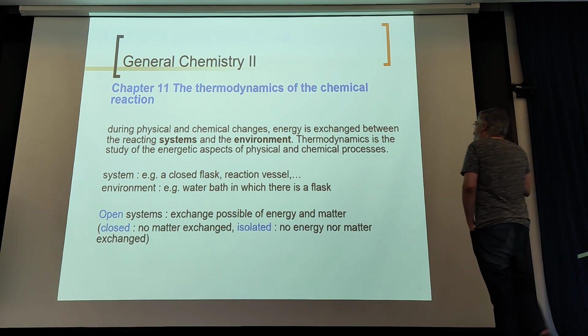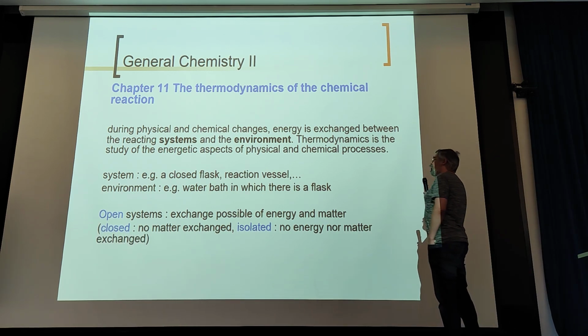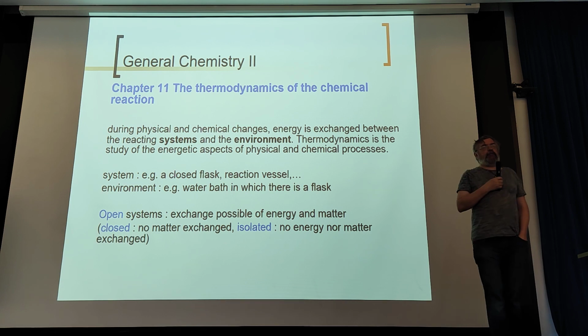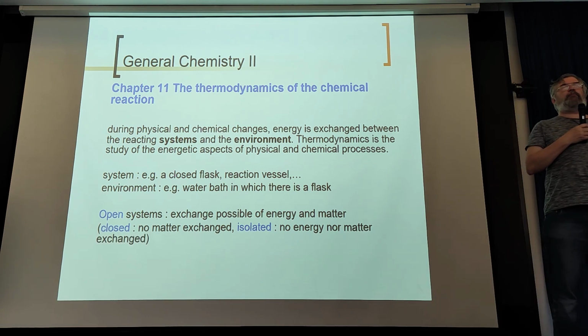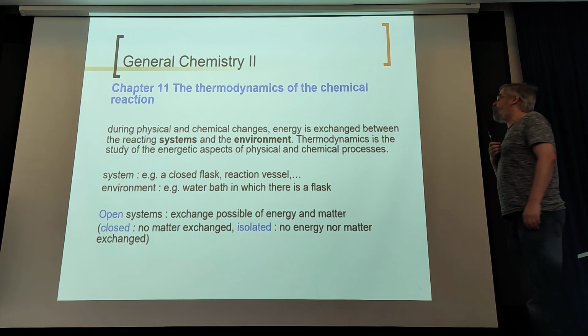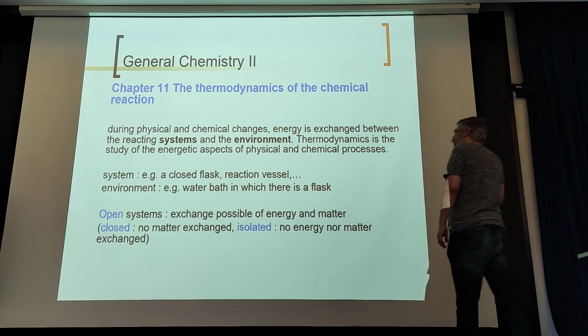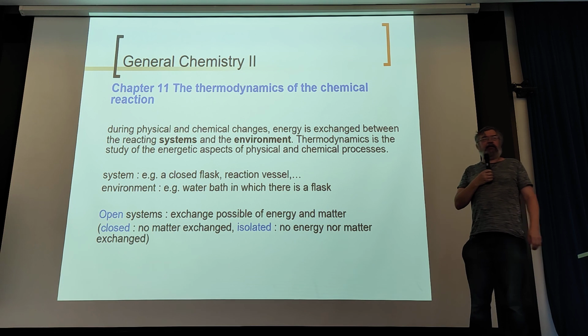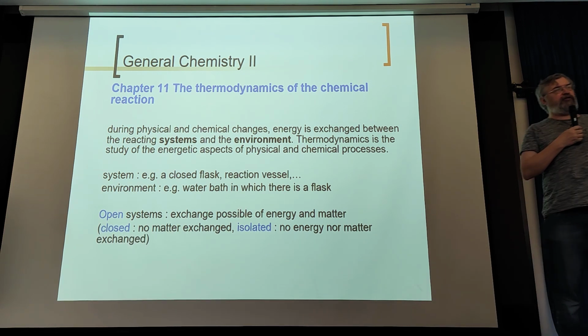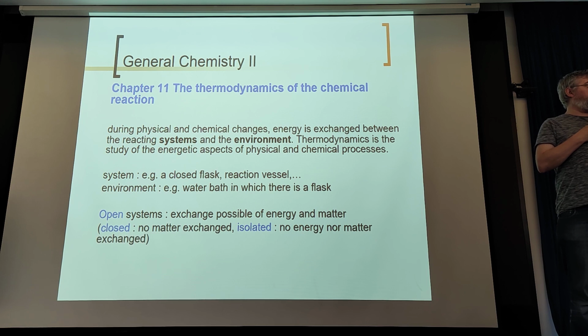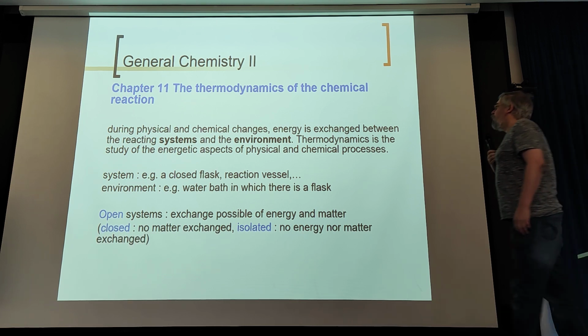Good. Let's go to the next chapter, which many people consider to be relatively difficult, because it introduces some new concepts. And that's a chapter about thermodynamics. And of course, thermodynamics can be applied to any physical or chemical process, but we are mainly interested here in chemistry in this course.